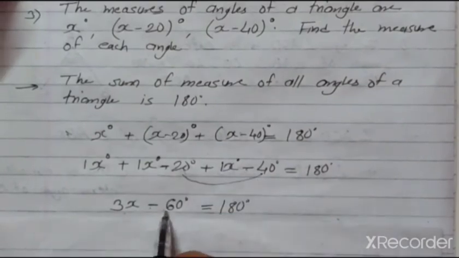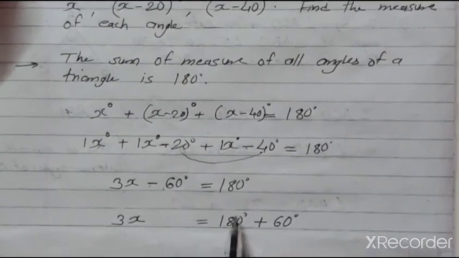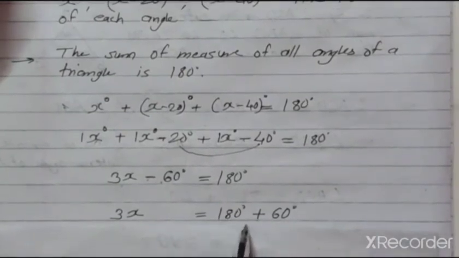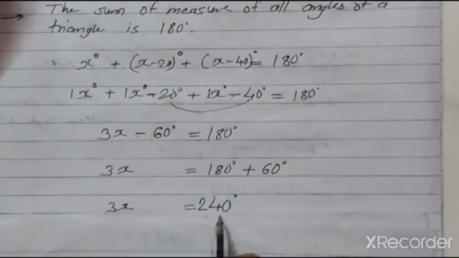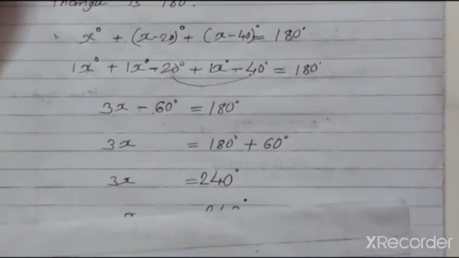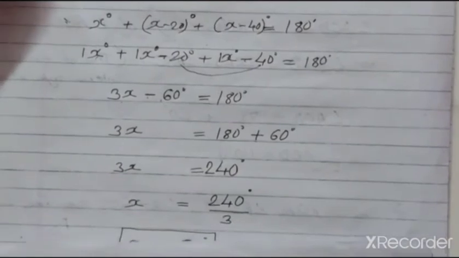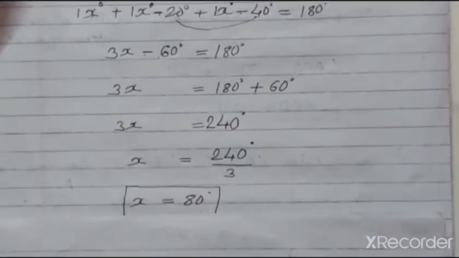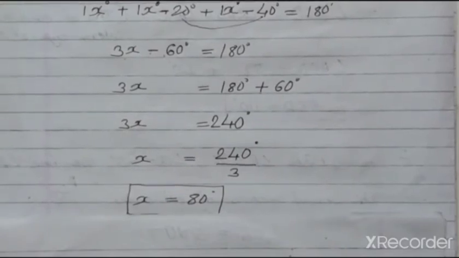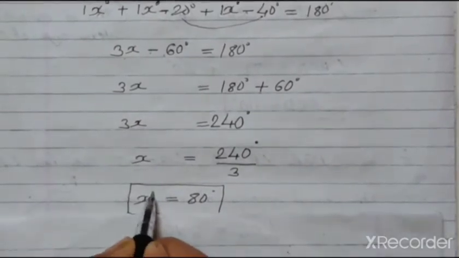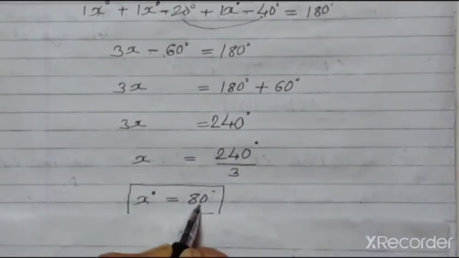Now take this 60 degrees to the other side, so it will become plus. Its addition is 240. Now take this 3 to the other side, so it will divide, and we get the final answer, x is equal to 80 degrees. So we get the first angle, x is equal to 80 degrees.